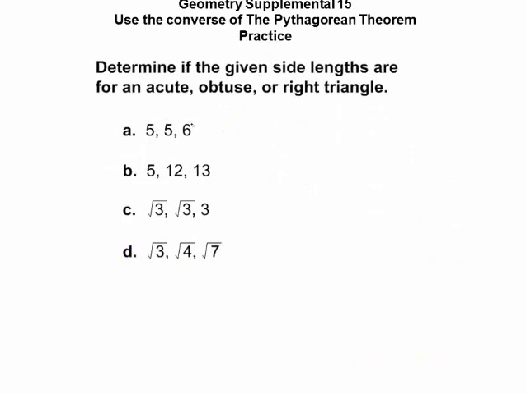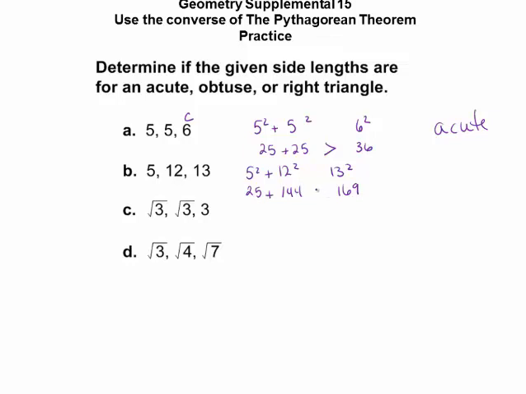I have C is the largest, so I'll have 5 squared plus 5 squared and 6 squared. So 25 and 25 and 36, that's 50. 50 is larger than 36. 5 squared plus 12 squared and 13 squared, so I have 25 and 144 and 169. Those are equal. Right.